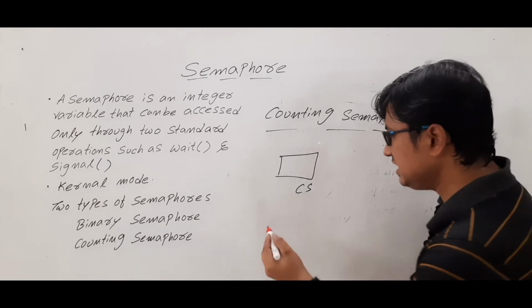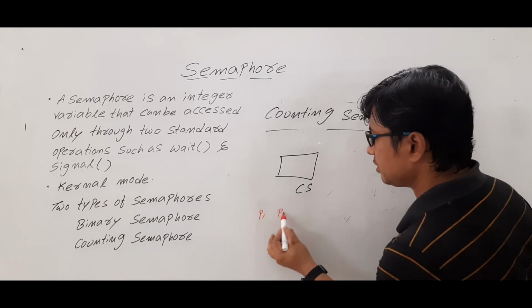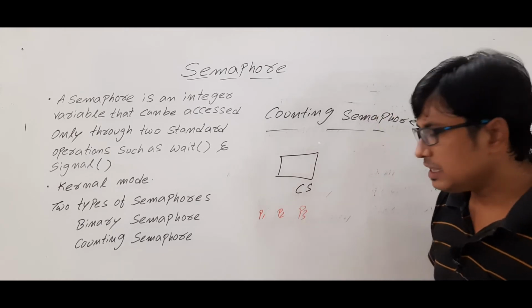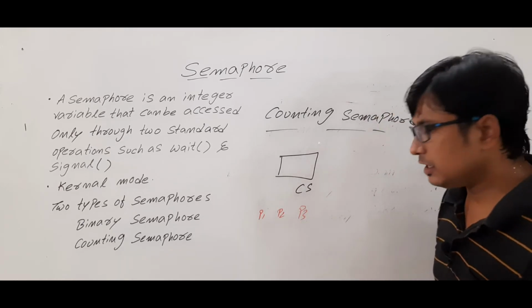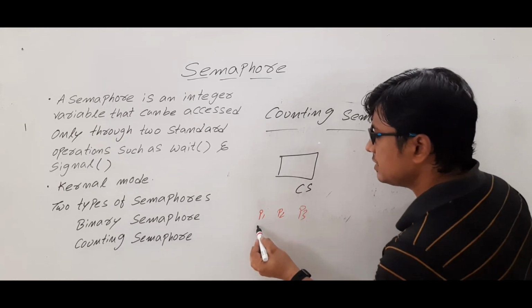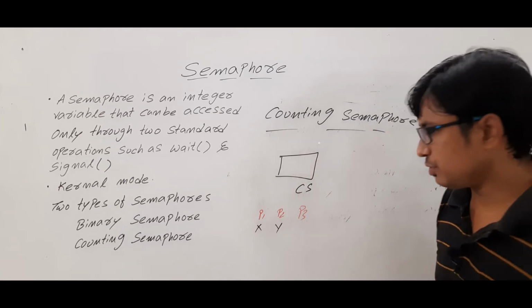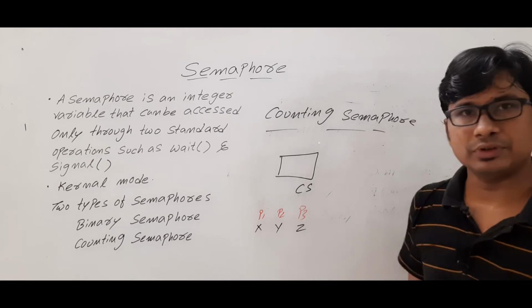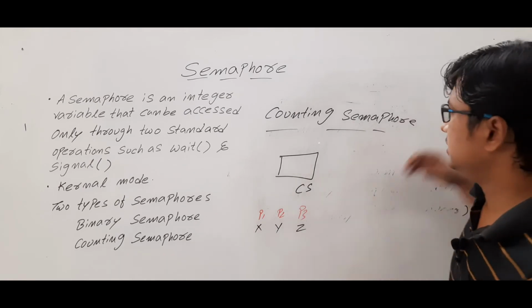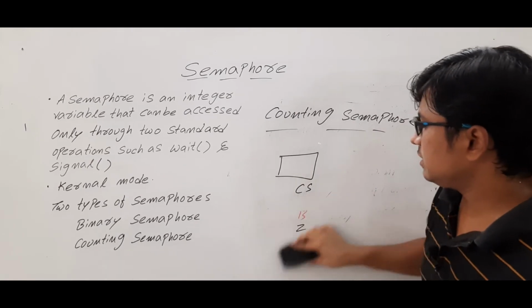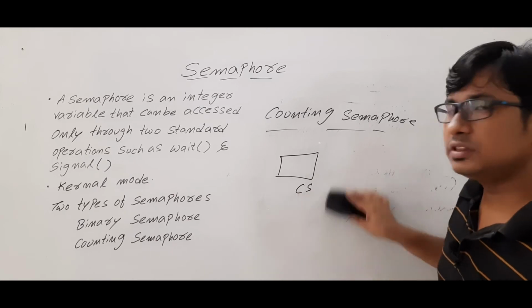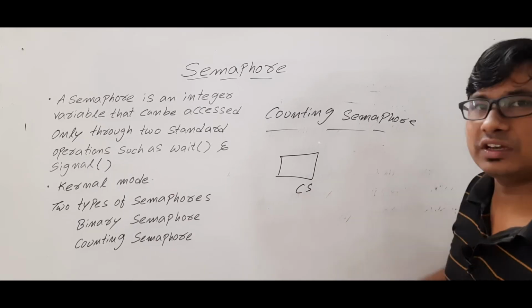Printer P1 can be accessed by some process X, another by some process Y, and another by some process Z. Meaning, you can allow three processes to enter the critical section.